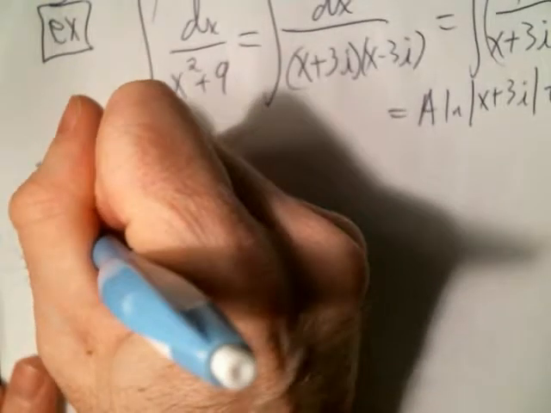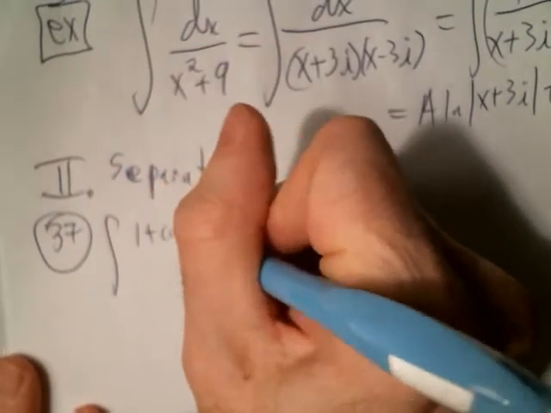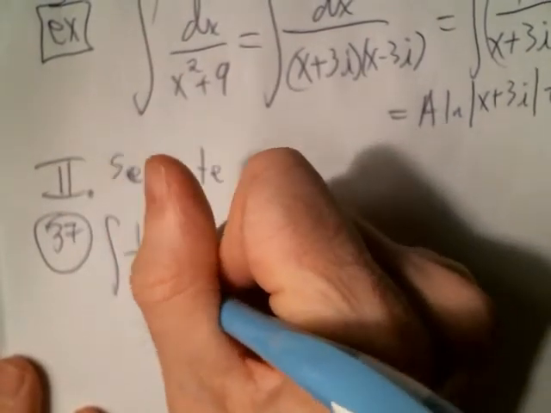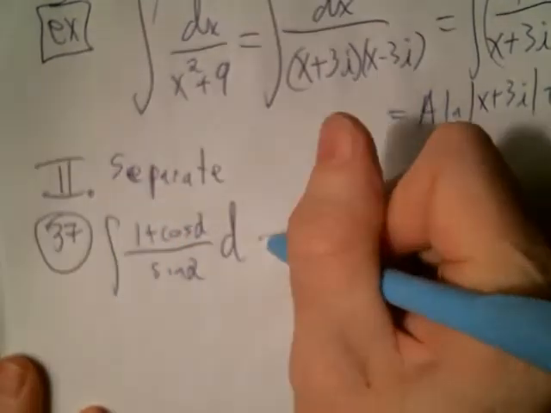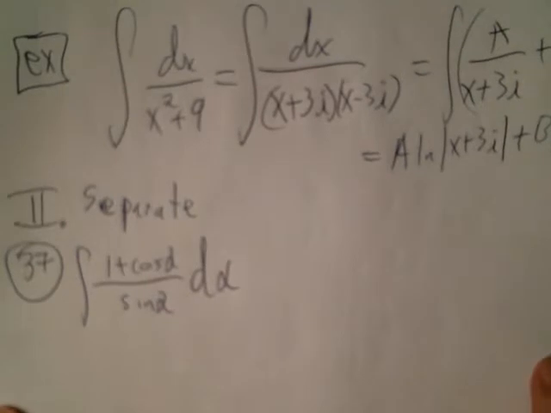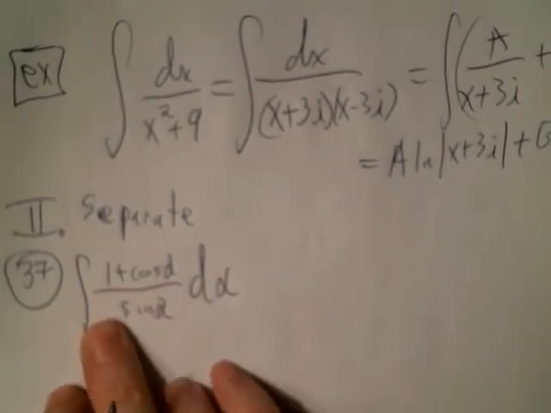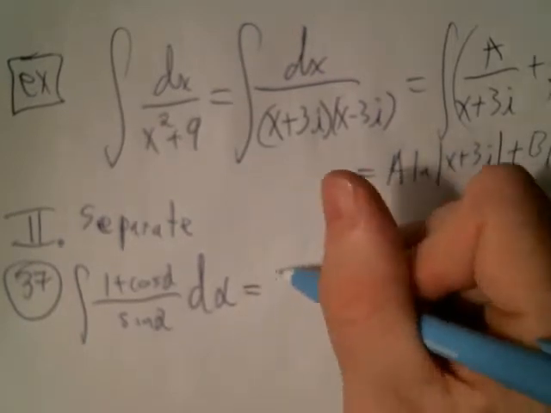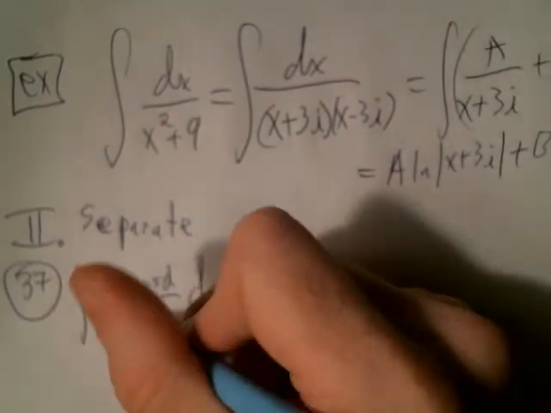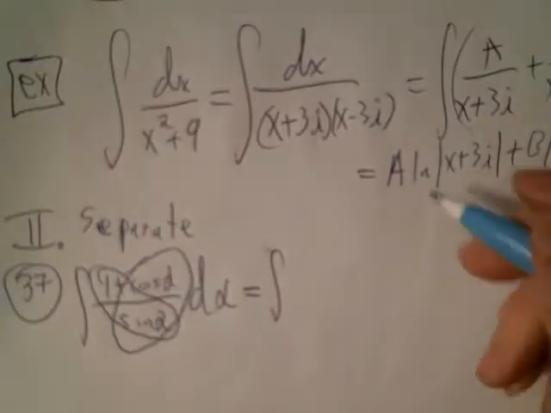So for 37, we have the integral of a fraction, 1 plus cosine alpha all over sine alpha. You could code your computer to look for a fraction and see if the numerator can be separated over the denominator. It's the reverse of finding a common denominator. In class, I've been calling this butterflying it or filleting it.